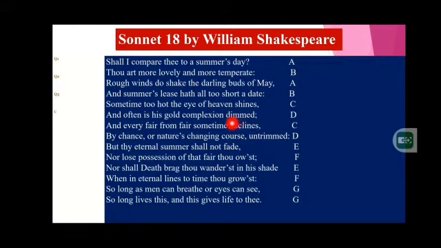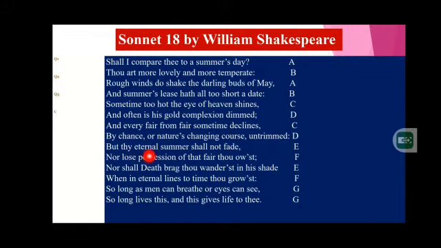And line number 6, the last word dimmed, rhymes with untrimmed. So that's why I put here C, C, D and D. So here C rhymes with C, and D rhymes with D. So this is the second quatrain or the second stanza.